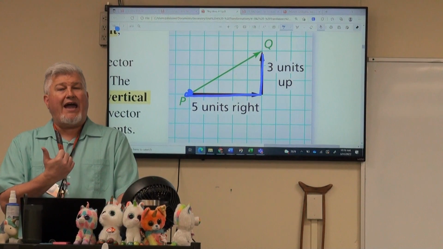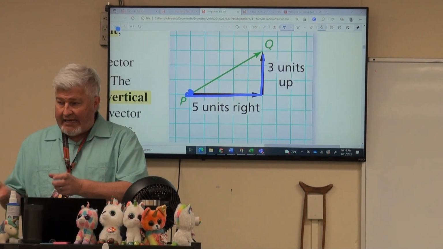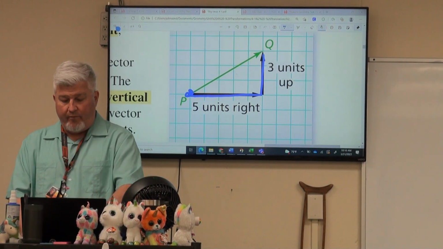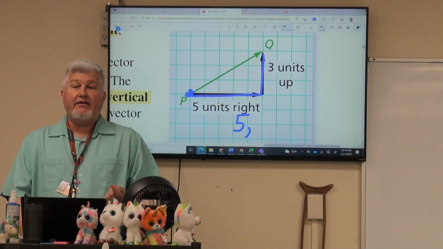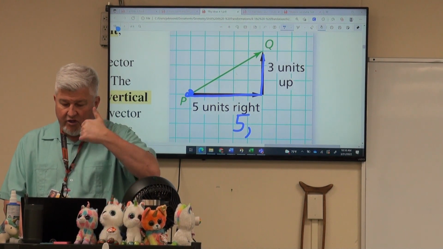When you move to the right on a coordinate plane, is that a positive or a negative movement? Positive. So that looks like a positive 5, and when you move up, is that positive or negative? Positive, right? If you move down, it's negative. You move up, it's positive.